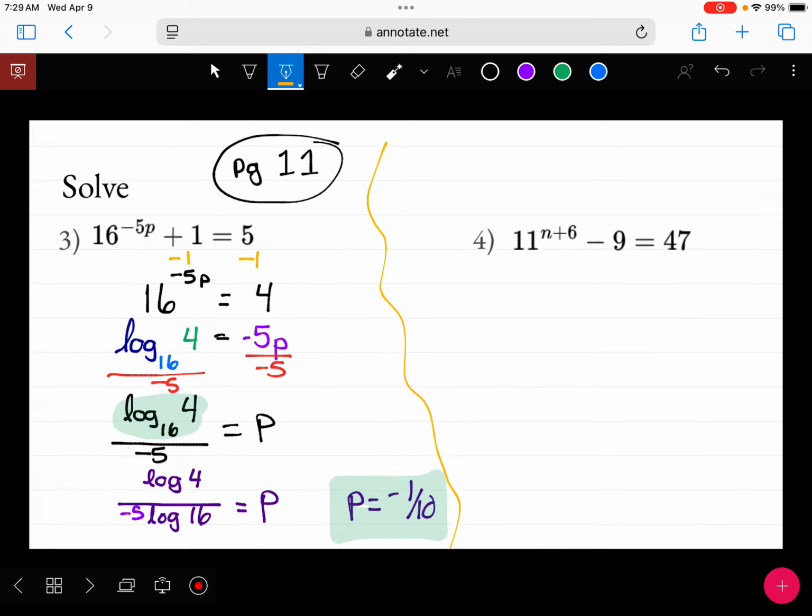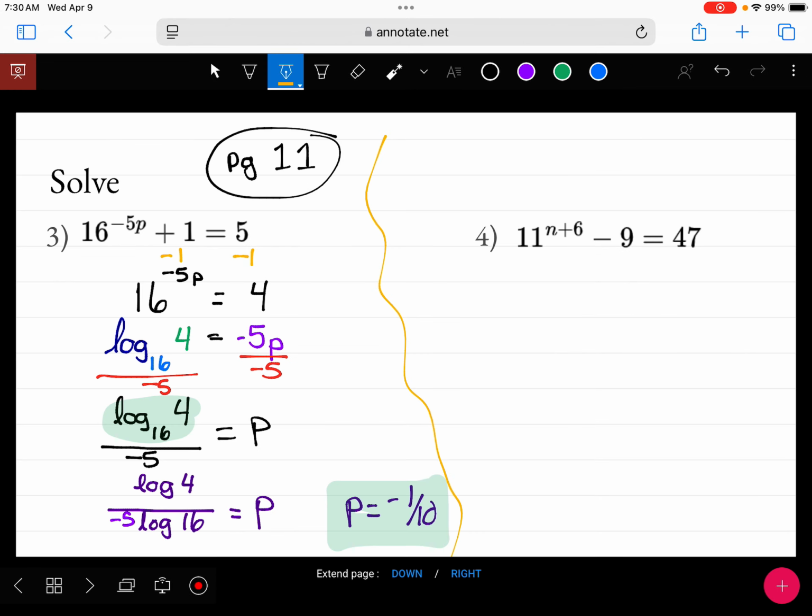All right, let's do number 4, right next to it. Very, very similar vibe. What we have is a very similar process. We have 11 to the n plus 6, minus 9, equals 47. What should we do first?